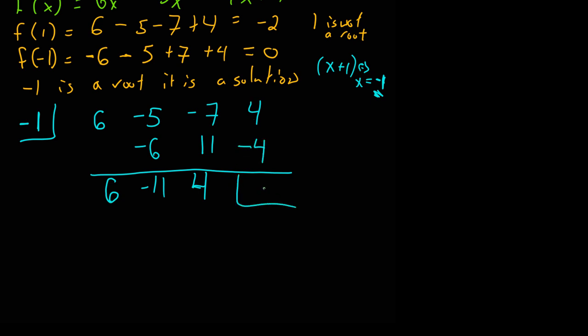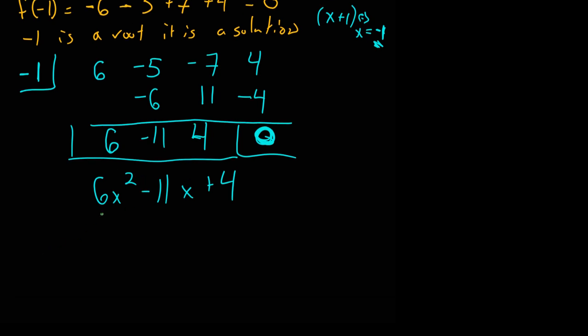Add those and I do get a remainder of 0. And this is my simplified polynomial. I have 6x squared minus 11x plus 4. And so I can put this into the quadratic formula to find my other roots.